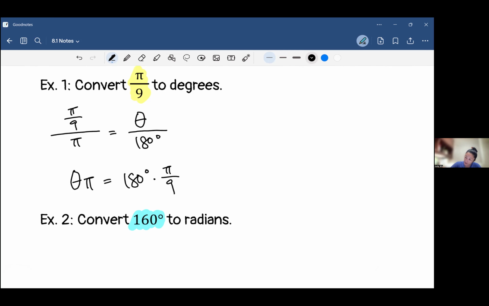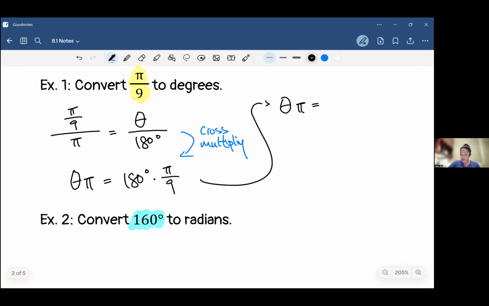So all we did there was cross multiply. And then what comes next? Well, let's simplify that right-hand side first. We might notice here that 180 and 9, I can divide those and I'll get 20 and 1.